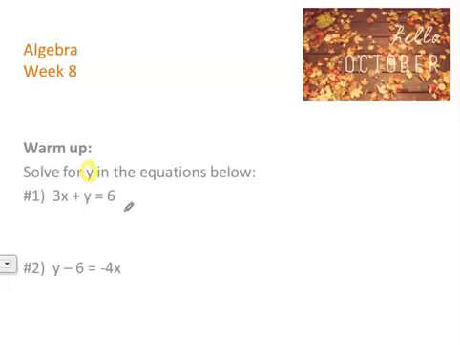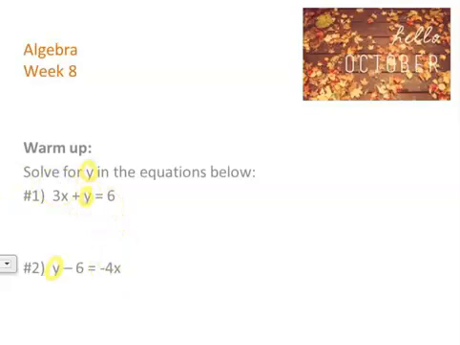Remember, to solve for a variable, you're always going to do the opposite, or the inverse operations, to work on getting y all alone on the left side of these equations. So go ahead and click pause and try these on your own. And when you're ready to check your work with mine, go ahead and click play.